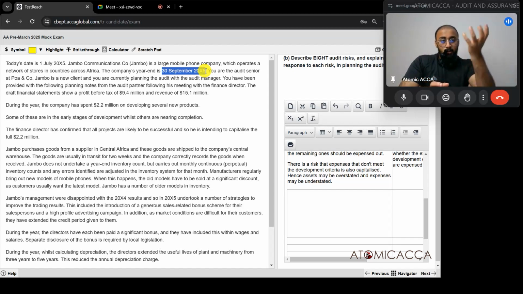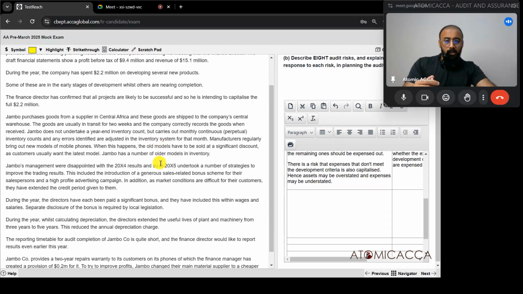If assets are boosted, automatically liquidity ratios will get better. Also, closing inventory, if it goes up, what will happen? Cost of sales figure, the expenses will go down. So like this, all good things are there if inventory is boosted. So there is a risk that around the year end, company might start boosting it by recording the inventory even before reaching over here. So that could be a risk over here.